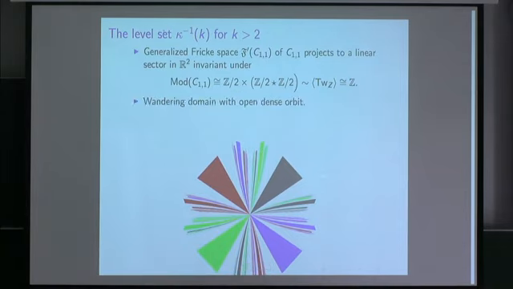Each of these components are all going to be indexed by the cosets of this mapping class group inside the modular group, and you get wandering domains. The complement looks extremely interesting. We know that it's closed and nowhere dense.